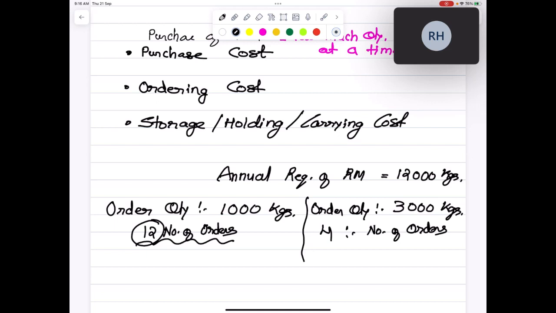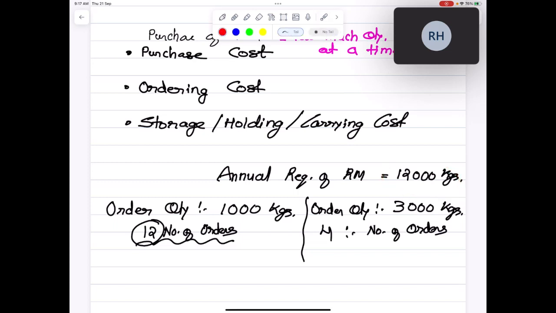So the benefit will be as compared to 1000 kg in a single order, we will place only 4 orders in a year to purchase the complete annual requirement of 12,000 kg.